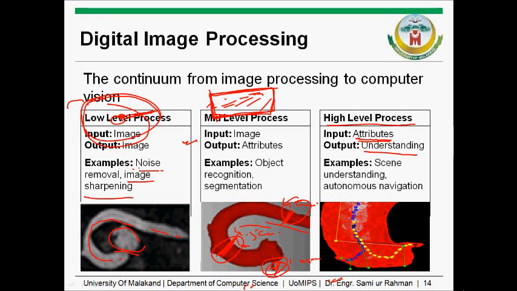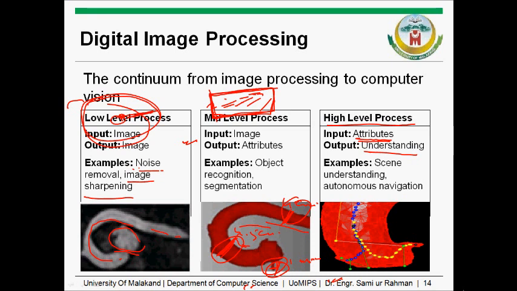Okay, this last level where you classify objects, you want to understand the object. When I say that this object is not rectangular, then it means that my algorithm has understood the shape. So when you want the algorithm to understand these images, then it comes in the category of computer vision. For computer vision you have to perform the previous processing, because you need good quality images, otherwise your algorithm will not work.